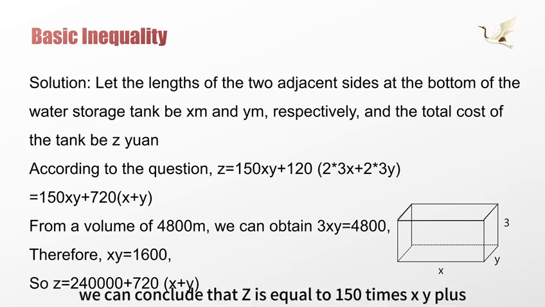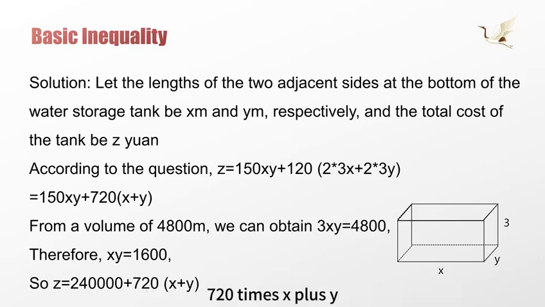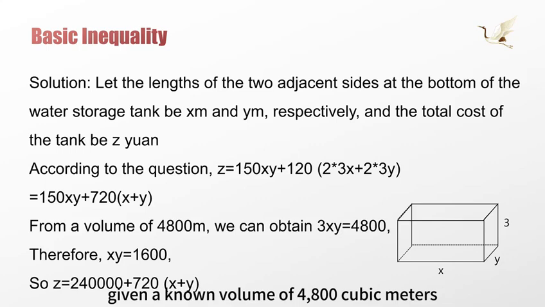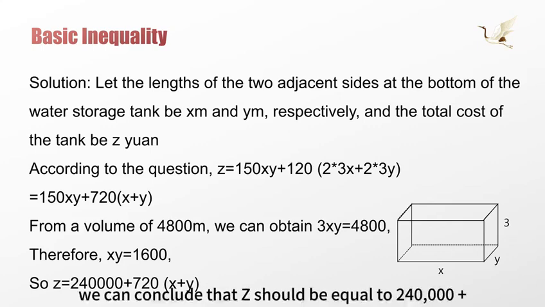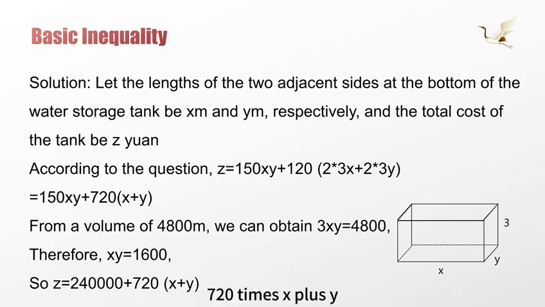After sorting, z equals 150 times xy plus 720 times (x plus y). Given the volume of 4,800 cubic meters, xy equals 1,600. Therefore, z equals 240,000 plus 720 times (x plus y).